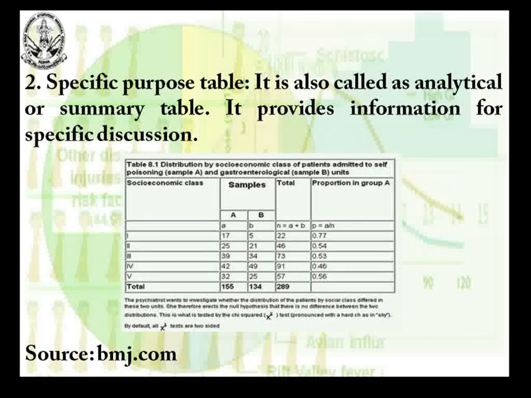So they have divided self-poisoning in sample A and gastroenterological units in sample B. Here you can see socio-economic class, which they have classified as 1, 2, 3, 4, 5, and various samples are there, and the total number they have given, and then proportion in group. So looking at this, it is the summary of the work.